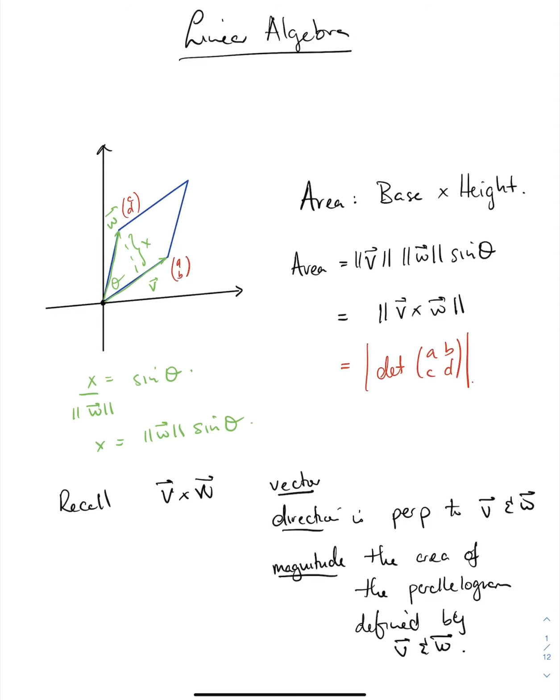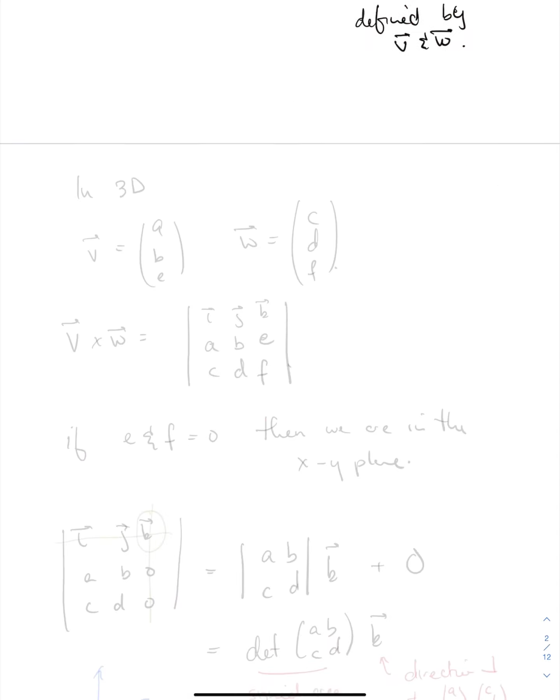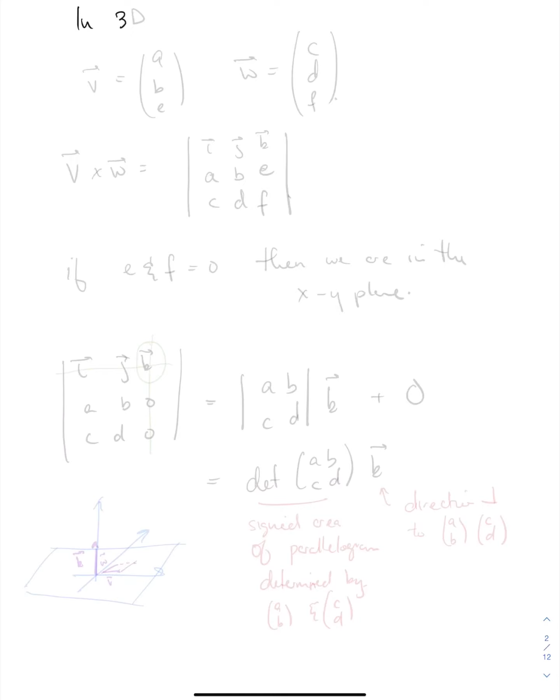Let's see if we can think about this in 3D. In 3D, 3 dimensions, say v is the vector a, b, e, and w is the vector c, d, f.